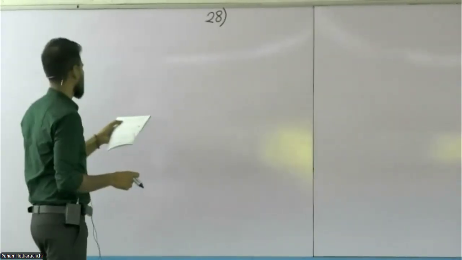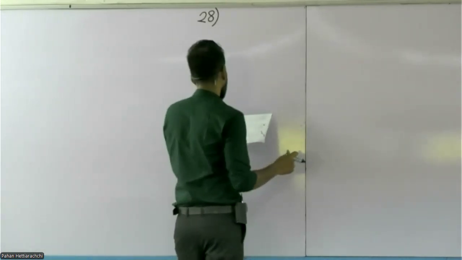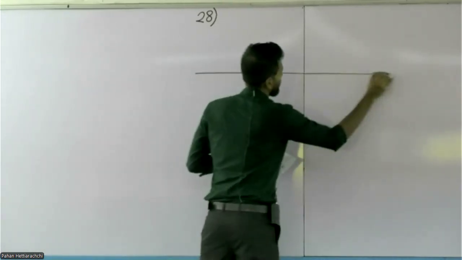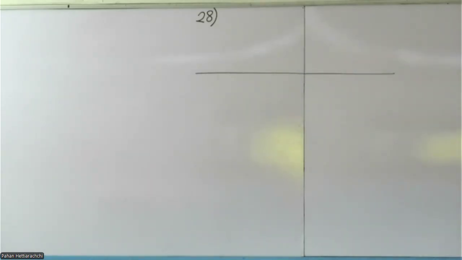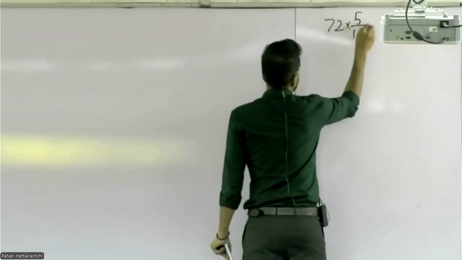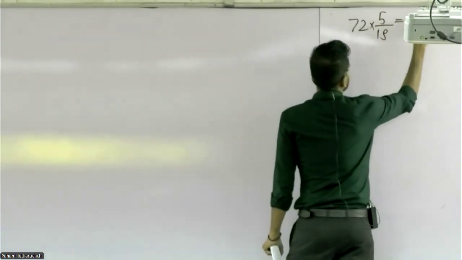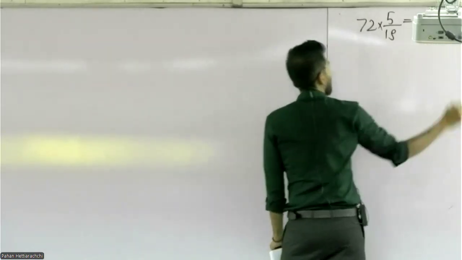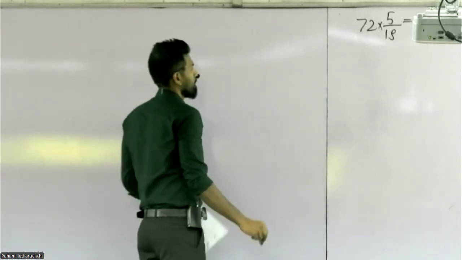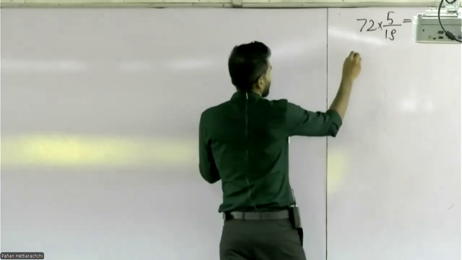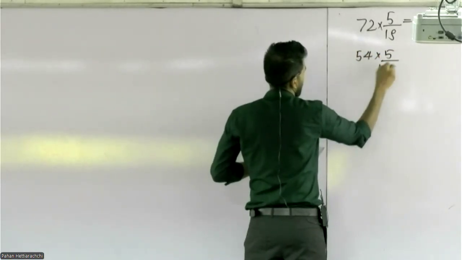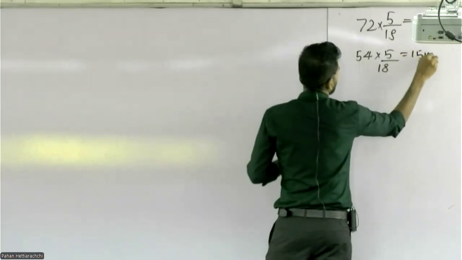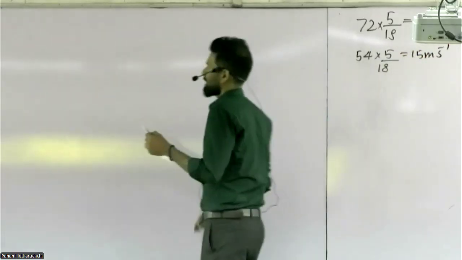A car of mass 1000 kg is moving at a velocity of 72 kilometers per hour. 72 kilometers per hour multiplied by 5 over 18 gives 20 meters per second. And there's another one, 54 kilometers per hour multiplied by 5 over 18 gives 15 meters per second.